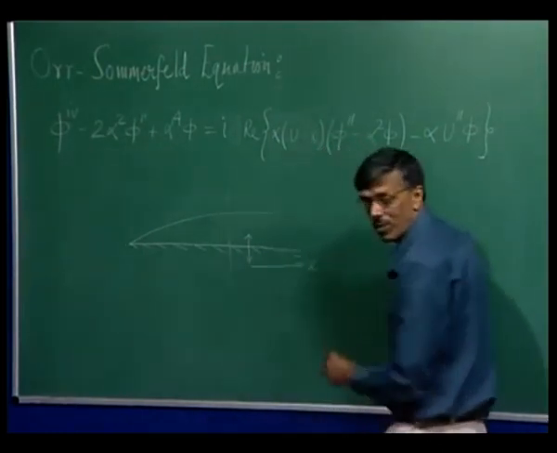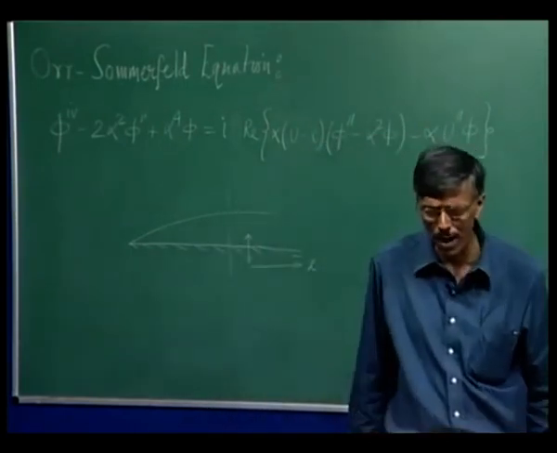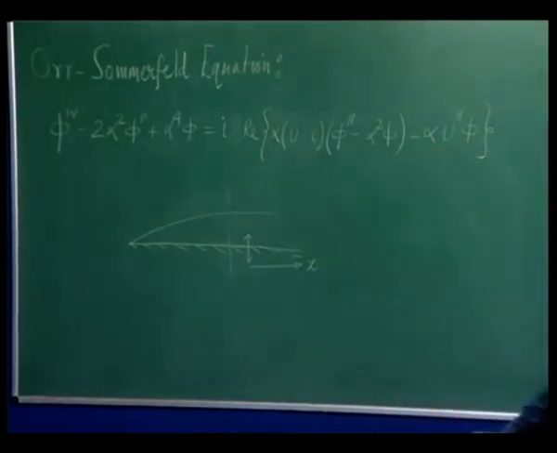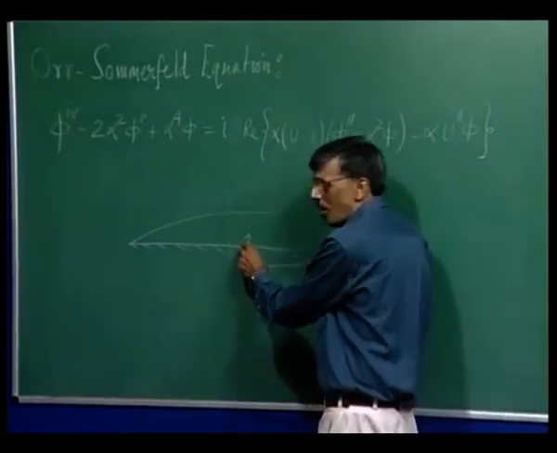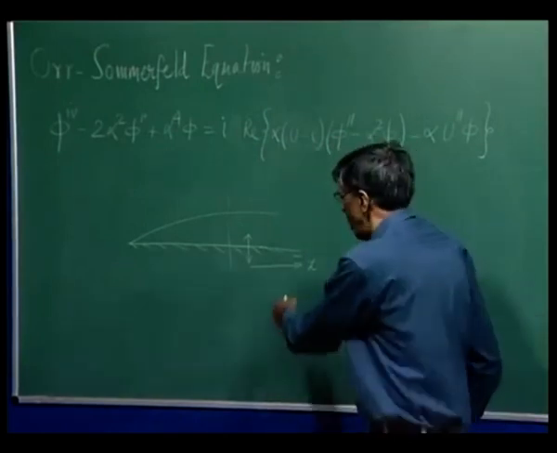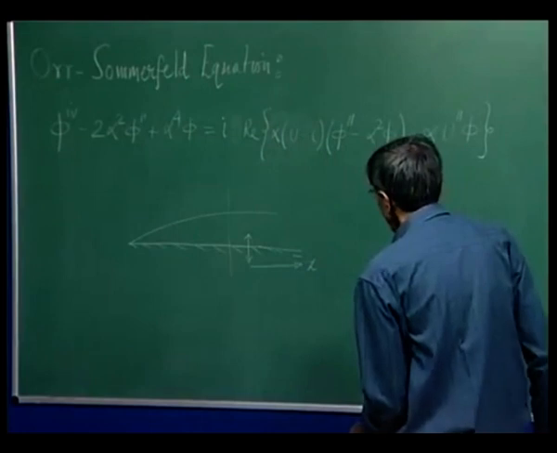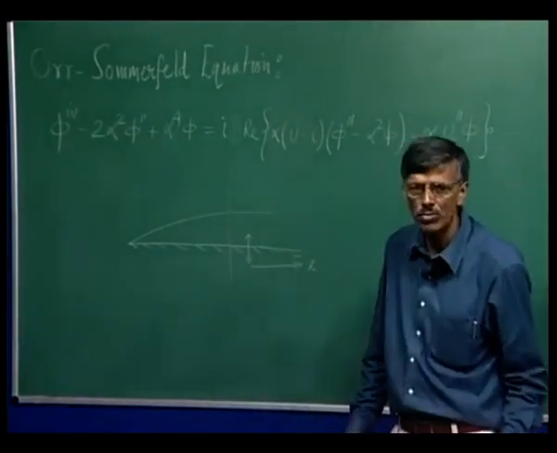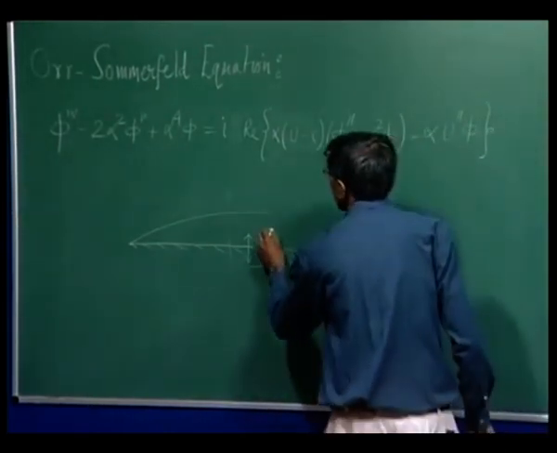My x will start from here, y will go from there. As far as the parallel flow is concerned, there is no origin. It is supposed to be coming from minus infinity going to plus infinity, but it is the location of the exciter that imposes a coordinate system. So, we decide to have the origin there. Basically then, what we are going to do is create a kind of mass source which is given by a delta function.